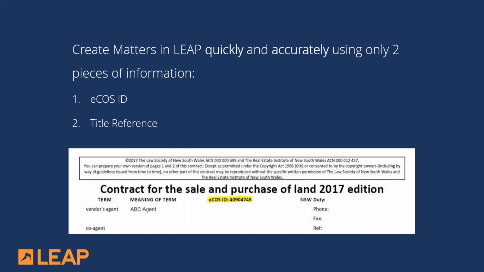If you don't get both pieces of information correct, your matter will not be able to be created in LEAP. So once you've entered these two key pieces of information, you can review and edit data prior to creating the matter in LEAP. So even if the vendor solicitor does make an error, you're able to correct this from your end before the data is entered into LEAP.